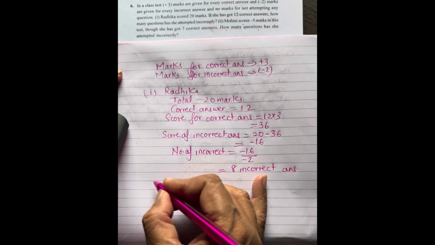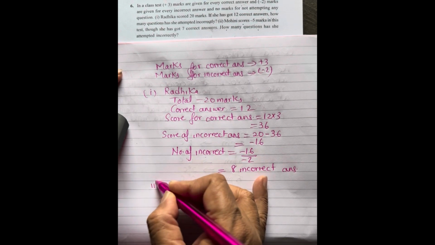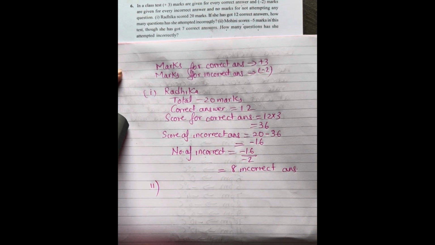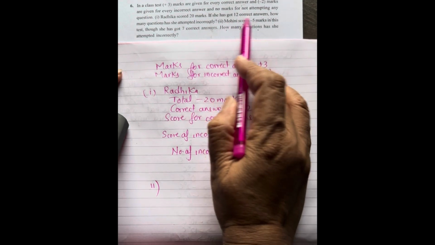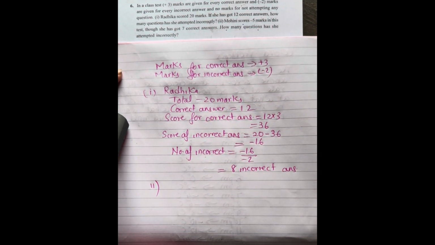Now let us see the second part. In the second part, what is given? Mohini scores minus 5 marks in this test, though she got 7 correct answers. How many questions has she attempted incorrectly?